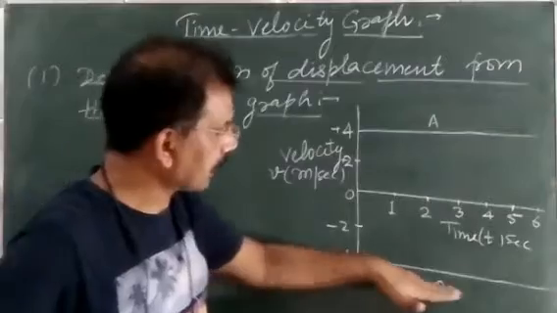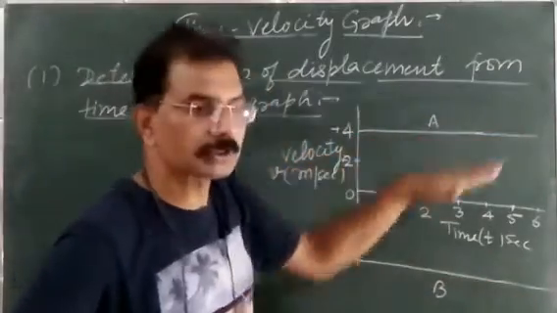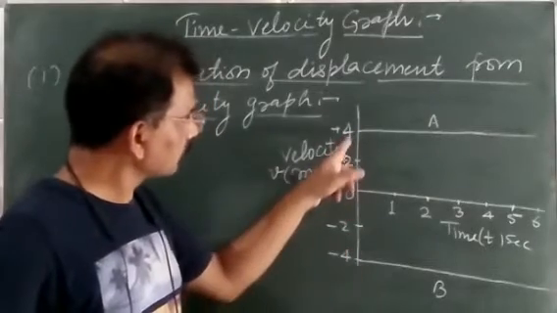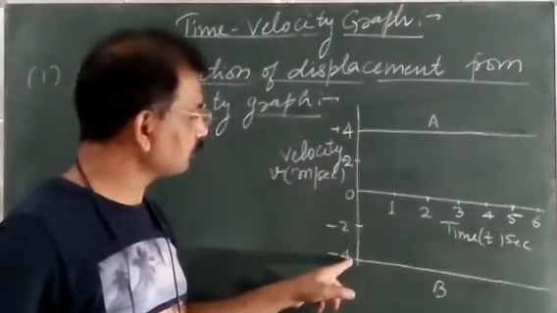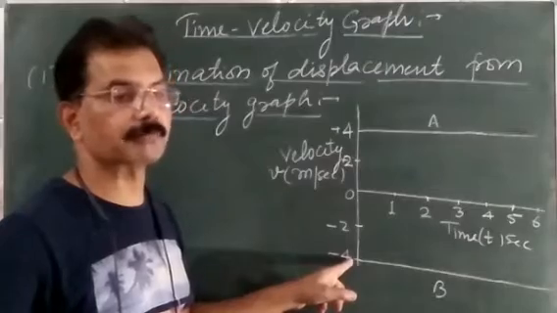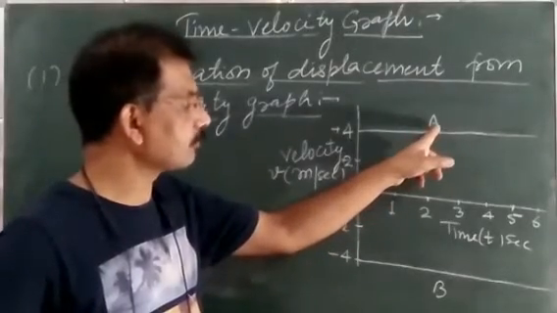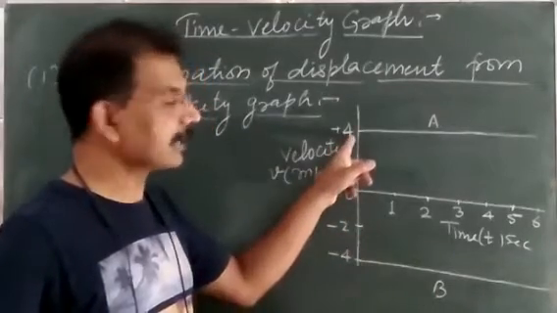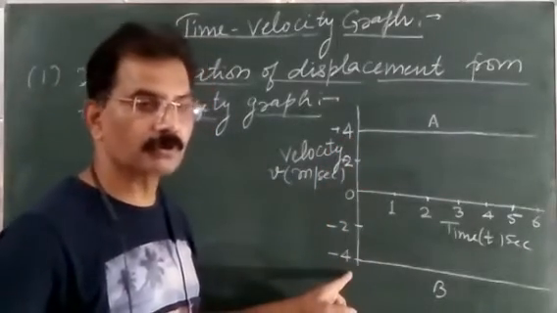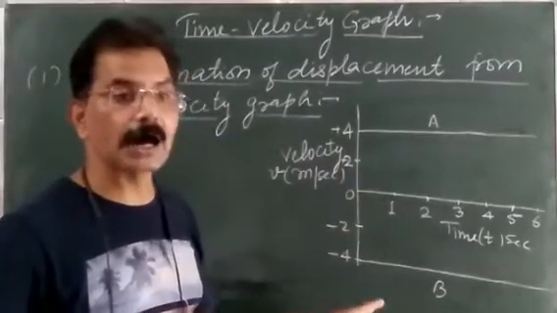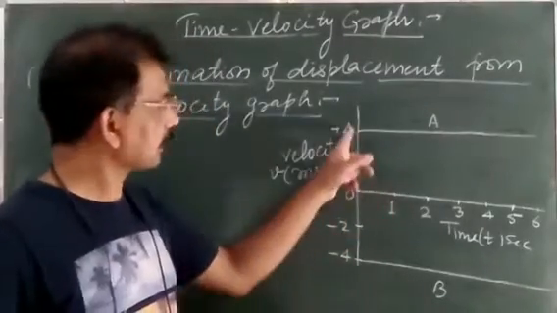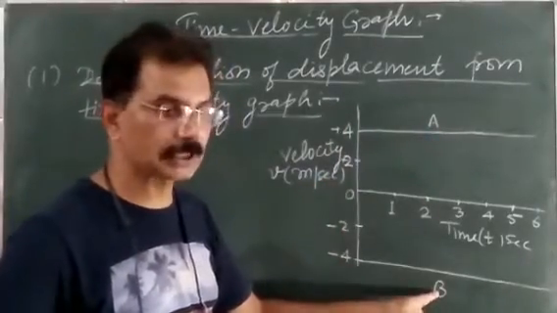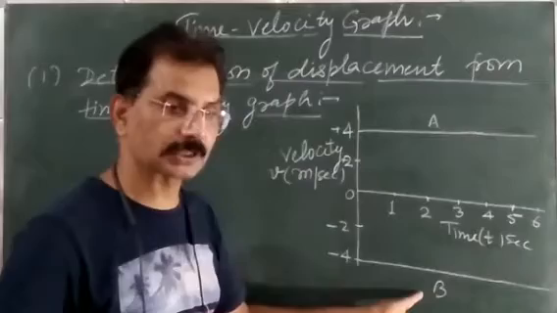For both objects A and B, velocity is constant, and the magnitude of both is 4 meter per second. But if one is plus and the other is minus, both are moving in opposite directions. Here plus 4 and minus 4 mean both objects are moving in opposite directions but with the same constant velocity.